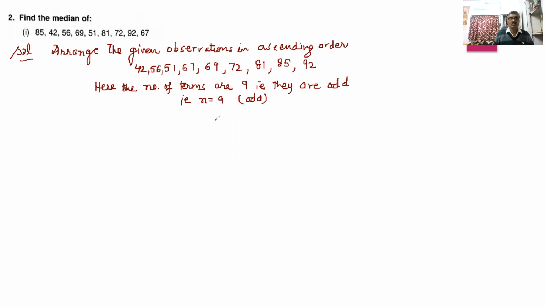You can write like this also. Now, what is the median? Median is equal to (n plus 1) by 2th observation. That means what? n की जगह क्या लिखेंगे? 9 plus 1 by 2th observation.